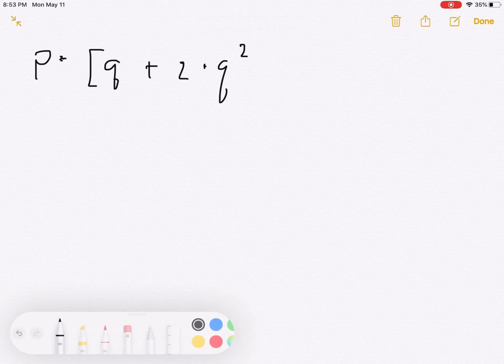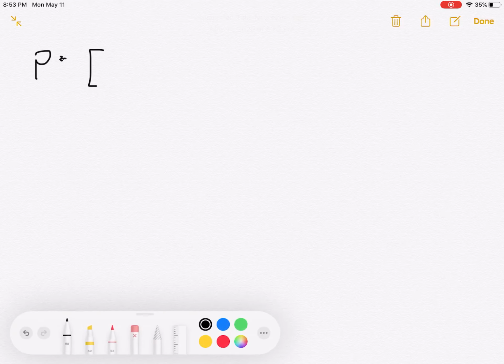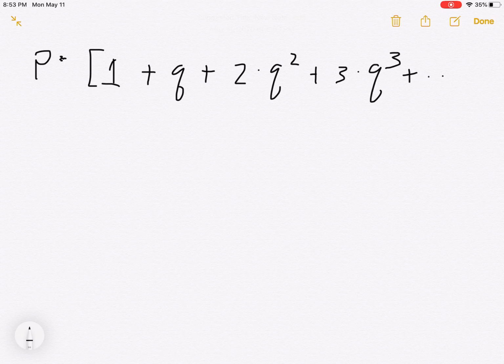P times, oh, excuse me, the very first term is going to be when x is 1, and we're going to have a 1 there, plus q, plus 2q squared, plus 3 times q cubed, and so on.